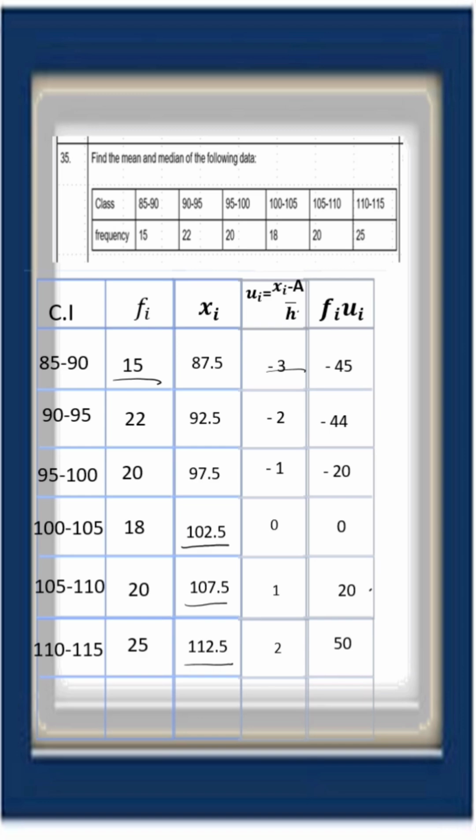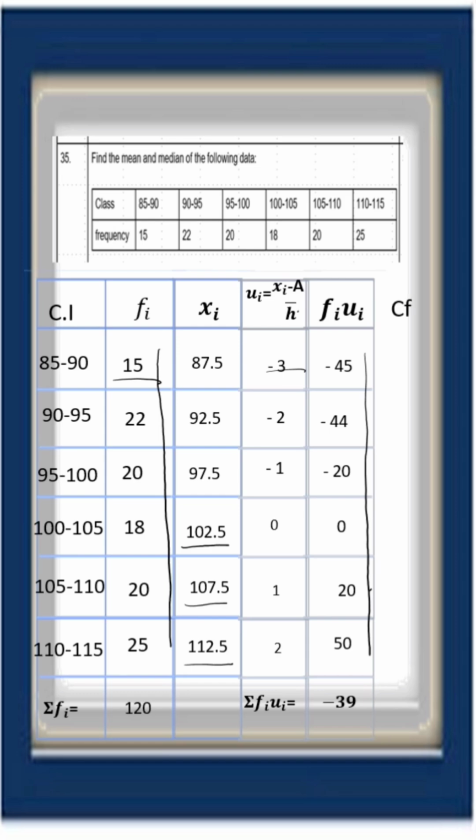Now let us find the sum of these numbers, that is summation of fi, and also the sum of these numbers. Summation of fi ui is negative 39. Summation of fi is 120.